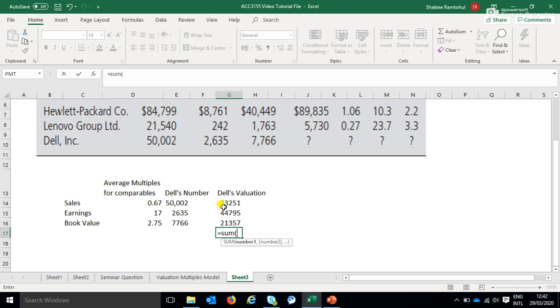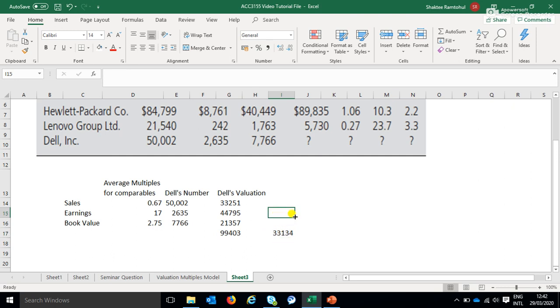And to get a more accurate valuation, true is not the correct word, we'll take this figure and divide it by 3. So a more accurate figure for valuing Dell's business value would be $33,134. So this figure here.